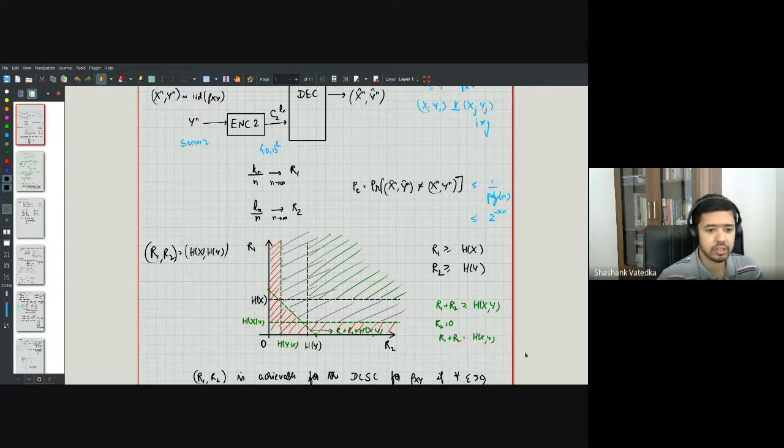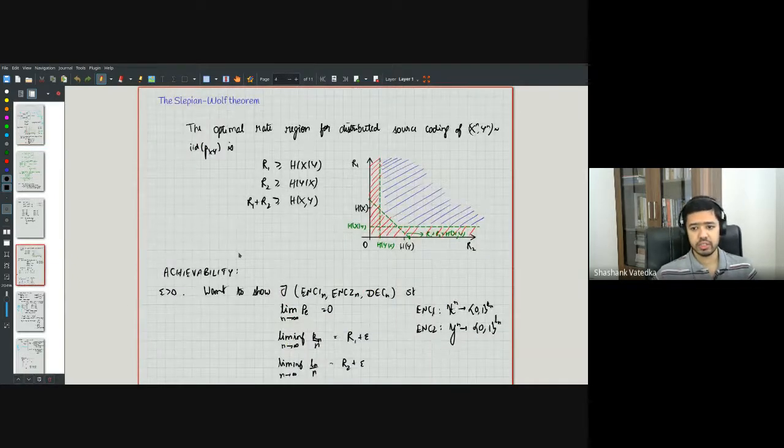In the last class we studied the achievability proof for this problem, and we showed that by using random codes, one can achieve every point in this blue region over here. This result was first proved by Slepian and Wolf, and that is why it is called the Slepian-Wolf theorem.